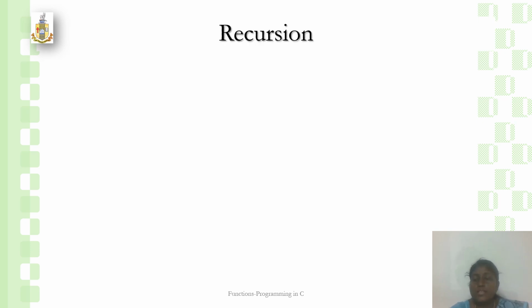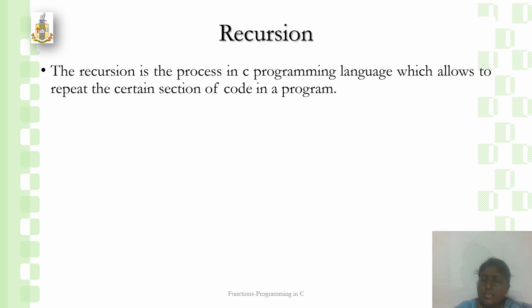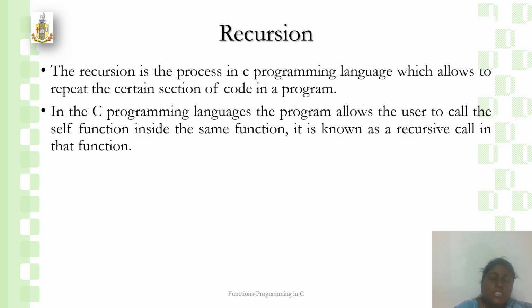Then we are moving on to recursion. Recursion is one of the important topics under functions. Recursion is the process in the C programming language which allows us to repeat a certain section of code in the program. This allows the user to call a function by itself.